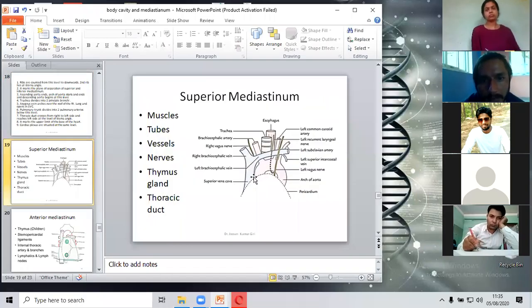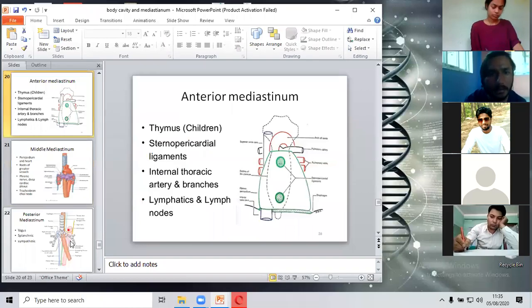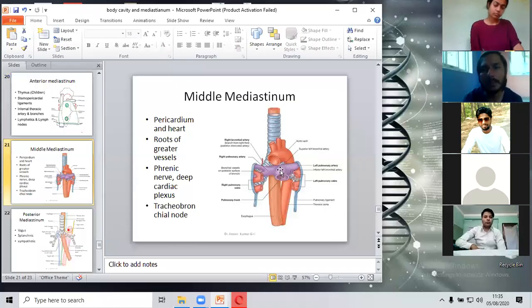Here the pulmonary artery is not there. I'll go to this. Can you see this purple colour picture here? This whole trunk is the pulmonary trunk. So the pulmonary trunk divides into left and right at this level only.